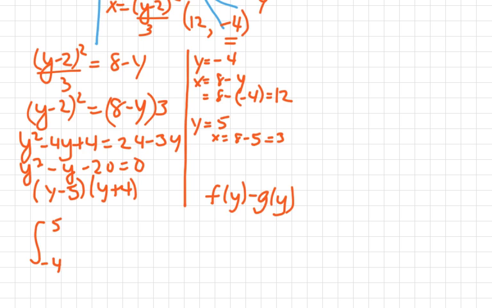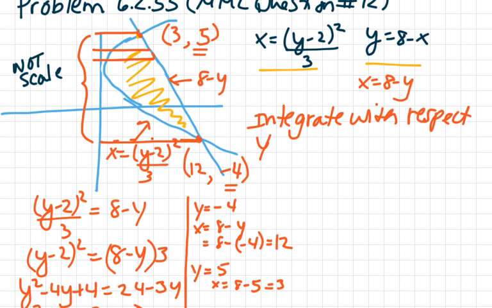Go back up to the graph here, and if you go from left to right and you pass a line in that direction, the first curve you hit is your g of y, and the second curve you hit is the f of y.